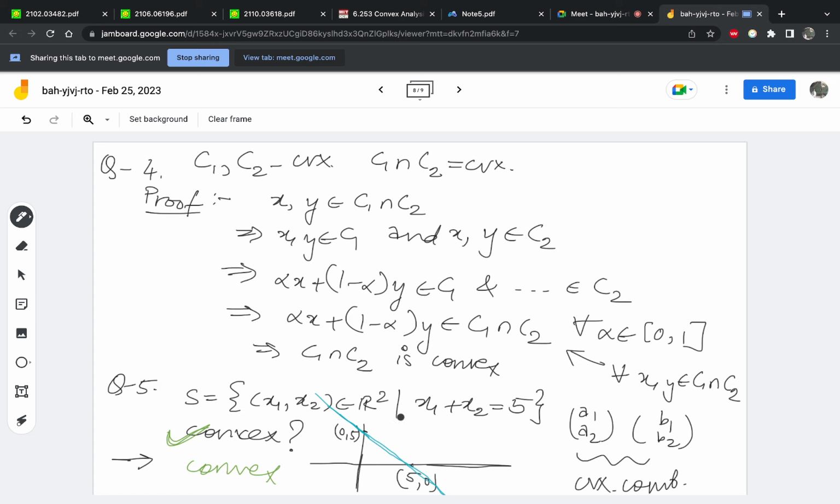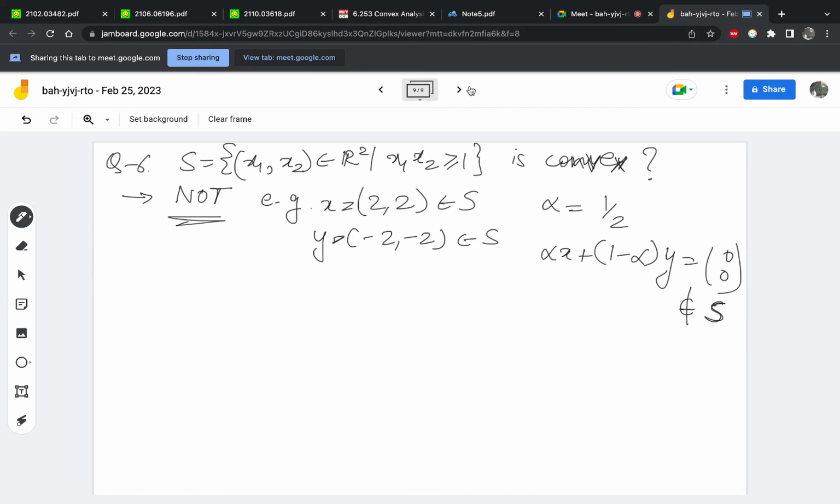It's obvious, it's just a linear equation; the components will ultimately add up to 5. But when you say that something is convex or non-convex, either you prove it or you give a counterexample.